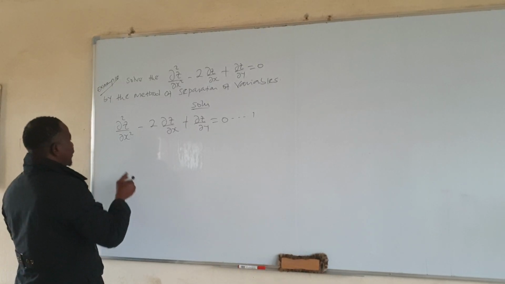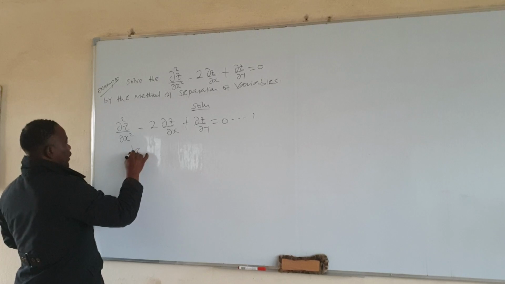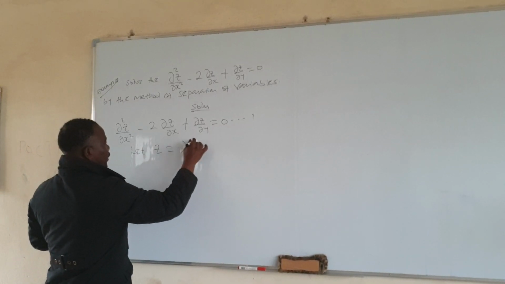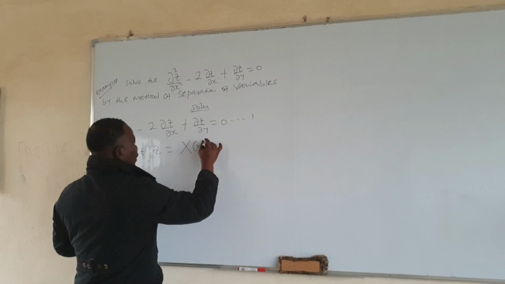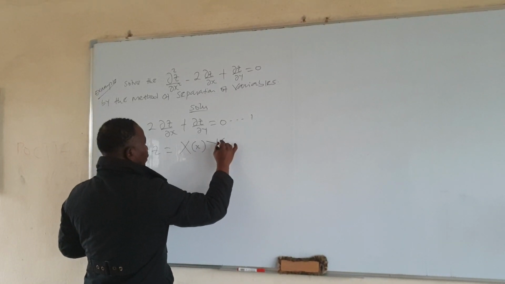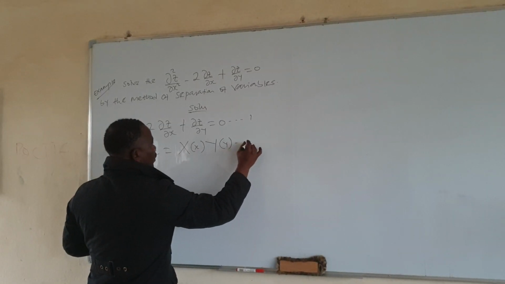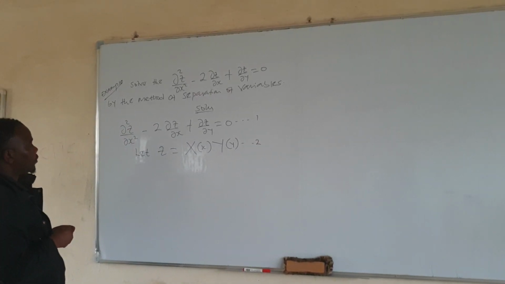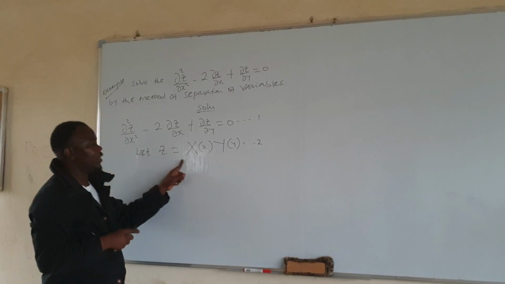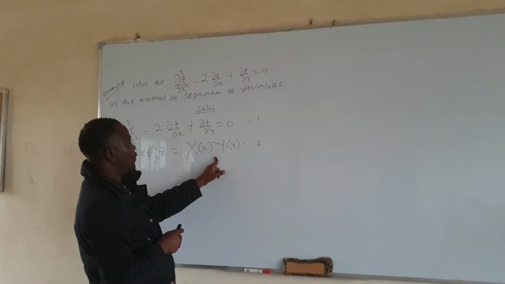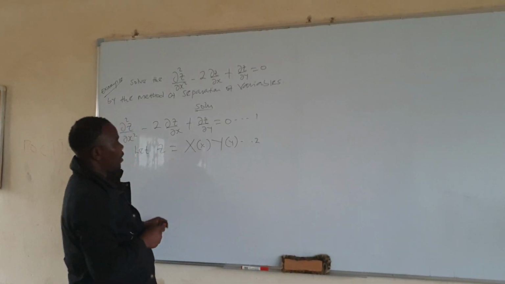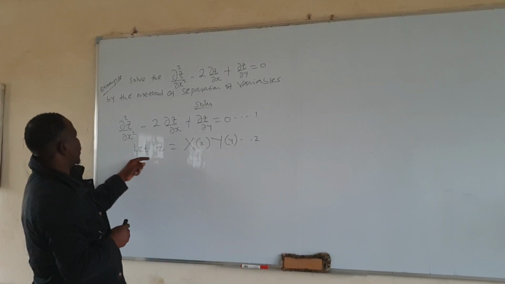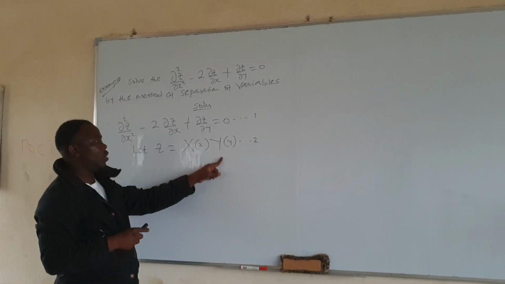We let z equal X of x times Y of y. We name this equation 2. It means we are going to differentiate this function partially with respect to x and y.